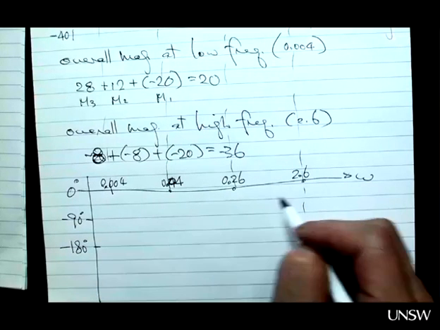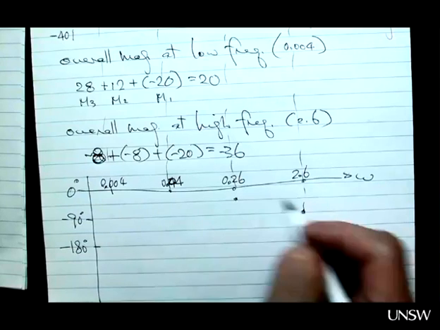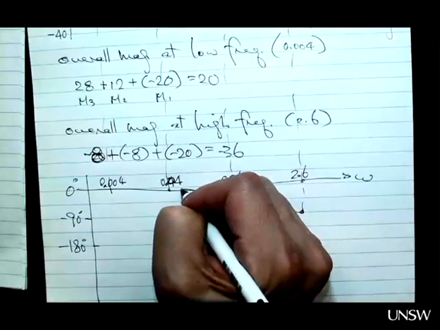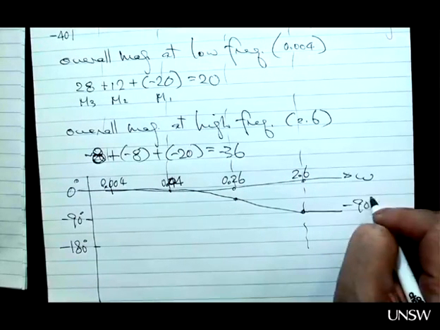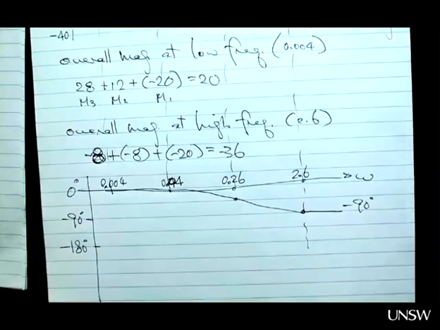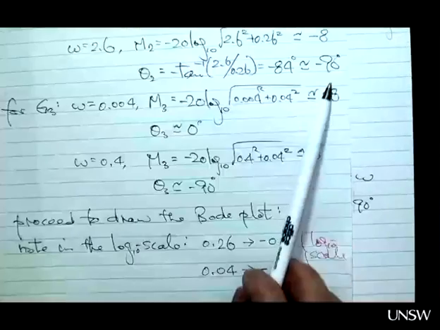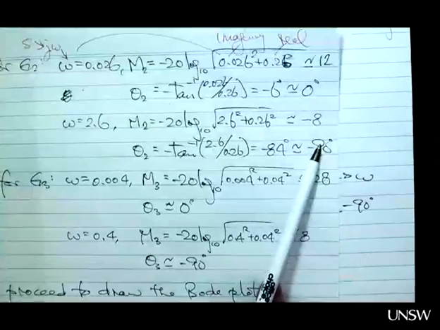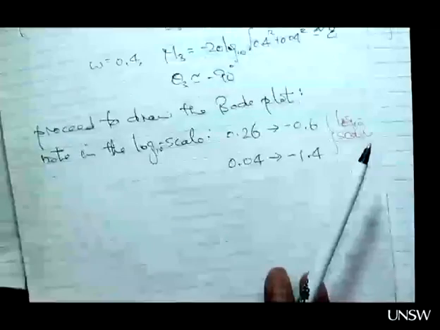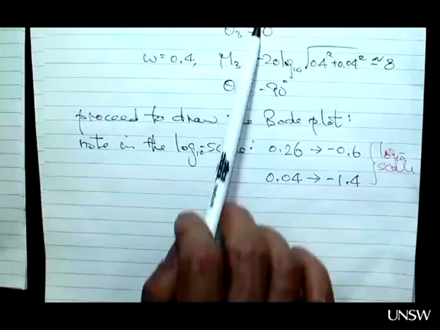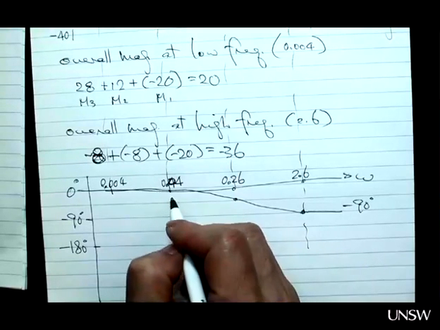So for the first one, the maximum is minus 19 below that, and then the maximum phase change or the angle change is minus 80 degree, and the minimum is 0 degree. For the second and third terms, they are the same, but at different frequencies. Okay, at the break frequency, it is 45.